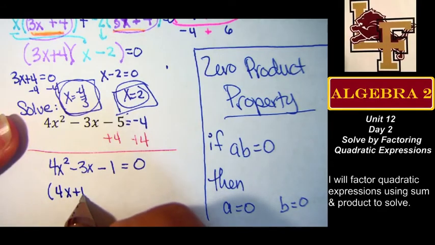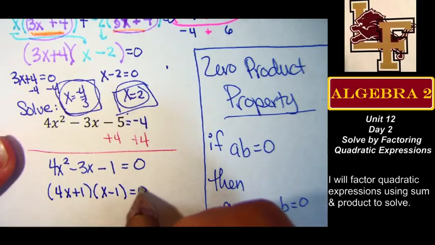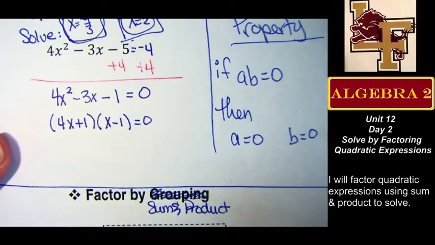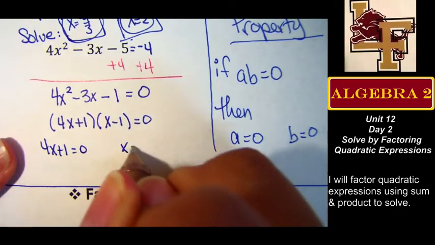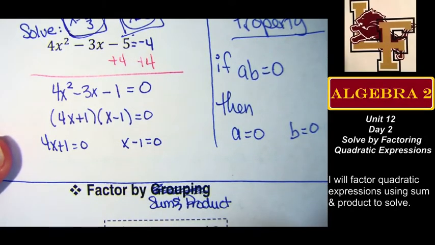Believe me that I've already done the work, and I can have it out here available if you want to look at it. That's how it factors. And then zero product property says that I can take each one of these factors and set them equal to 0. I skipped all of the work because I did it over here.